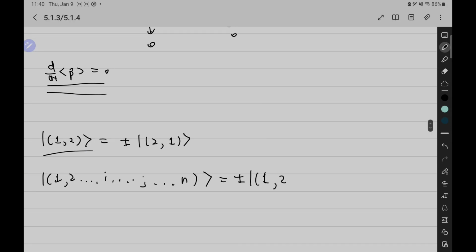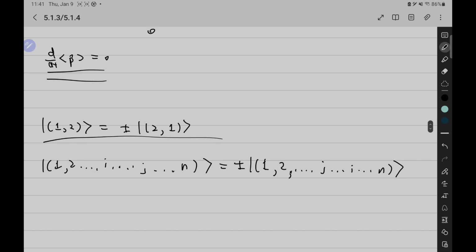What we have done for two identical particles applies to n identical particles too. So for n identical particles, the system must be either antisymmetric or symmetric, just like our identical two-particle system.